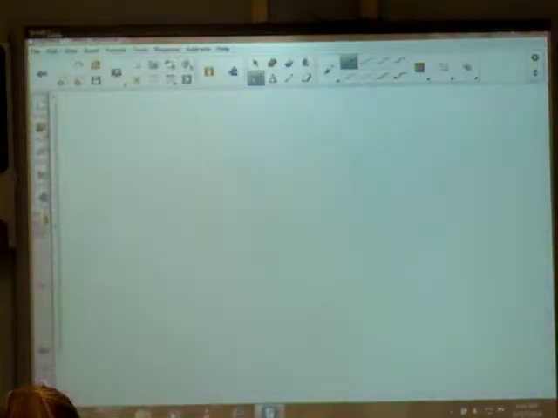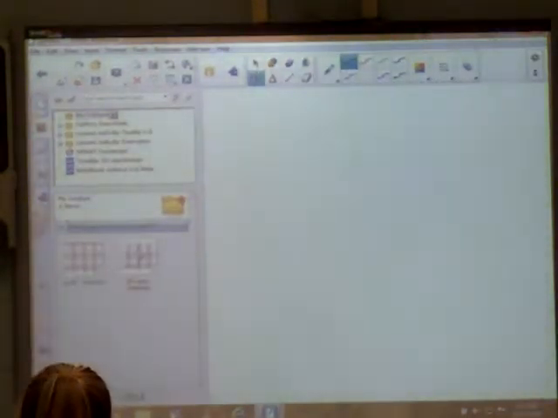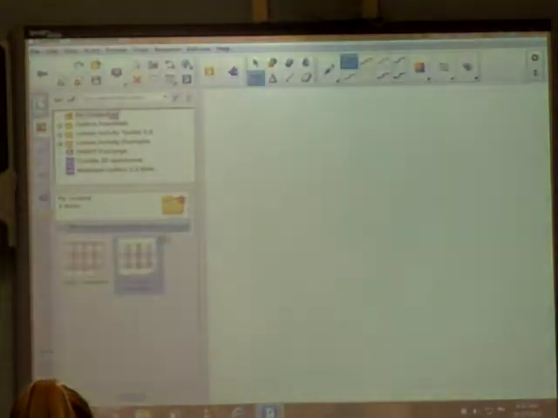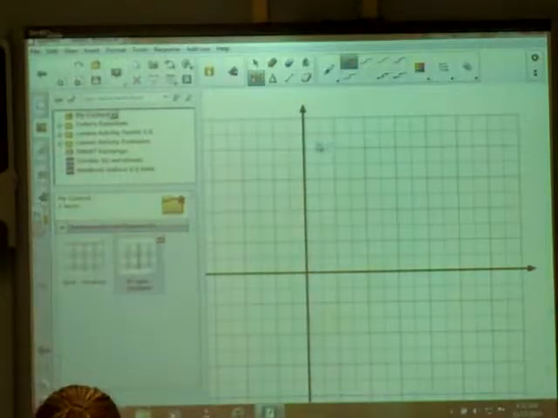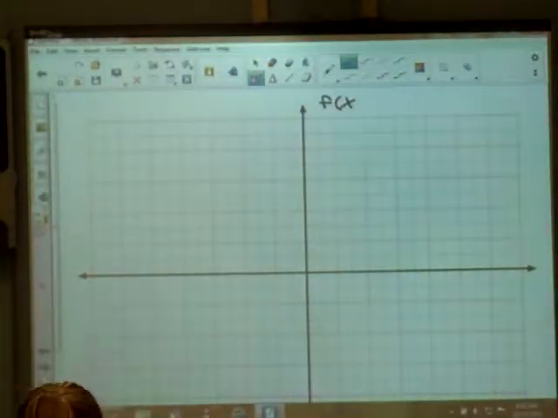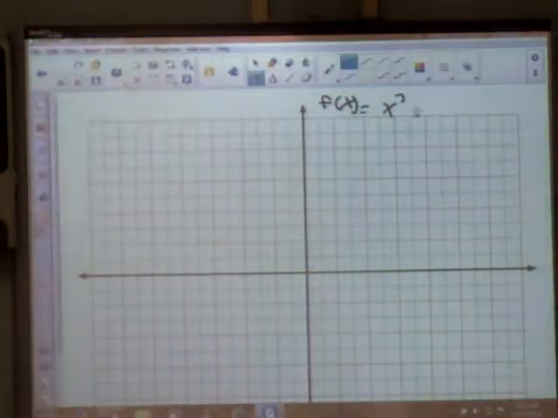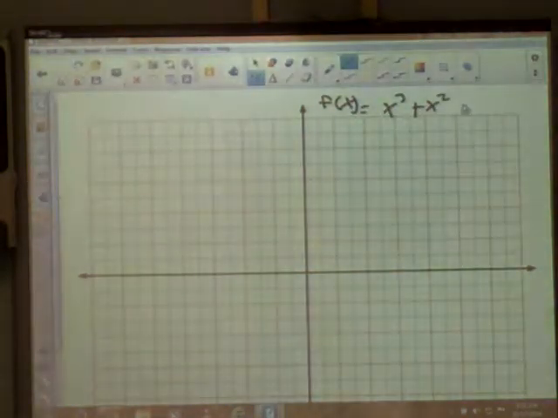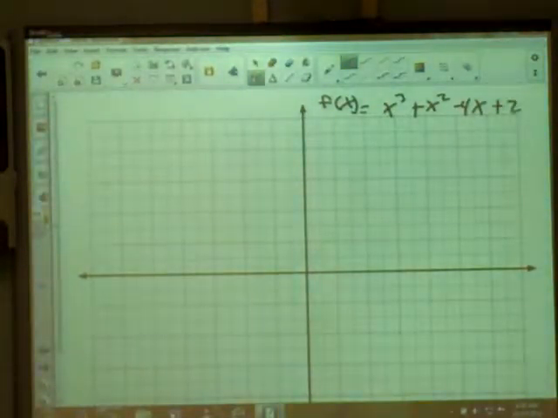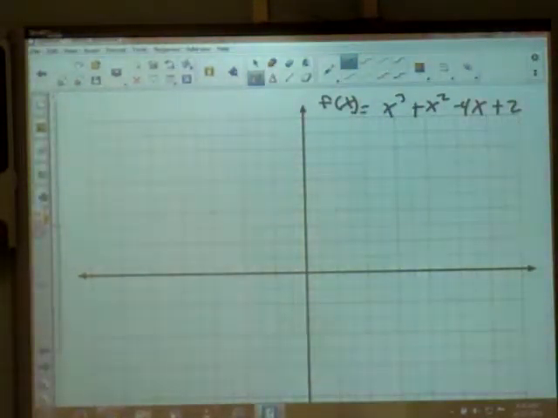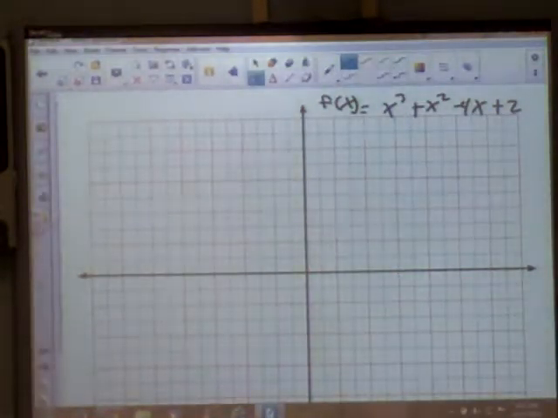Alright, we're going to actually graph one. Is this enough room? Yeah. Alright, we're going to graph f of x equals x cubed plus x squared minus 4x plus 2.